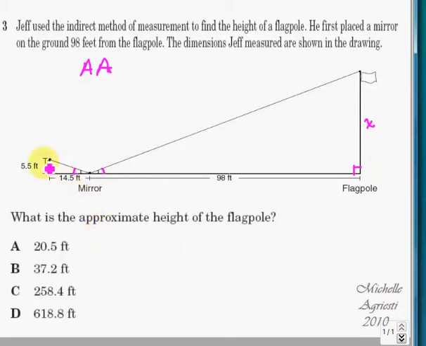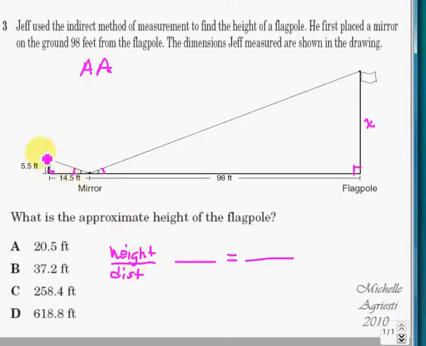So let's see, we'll set up a proportion, and let's have the numerator be the height, and the denominator will be the distance from the mirror. So I'll just call that distance.